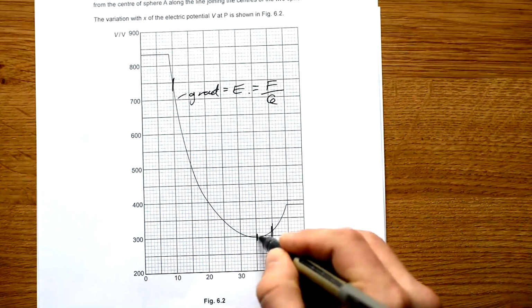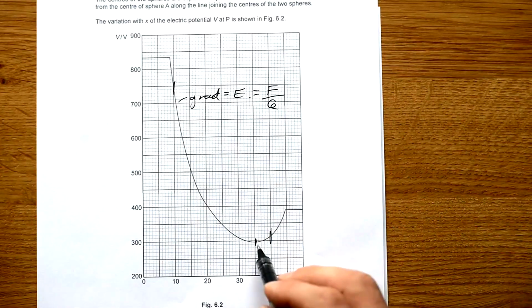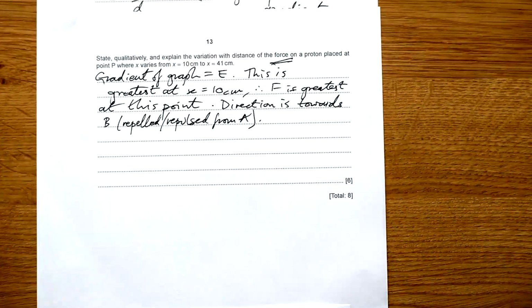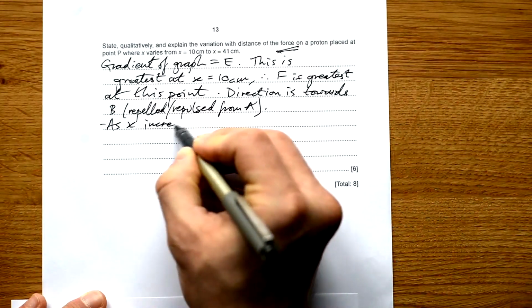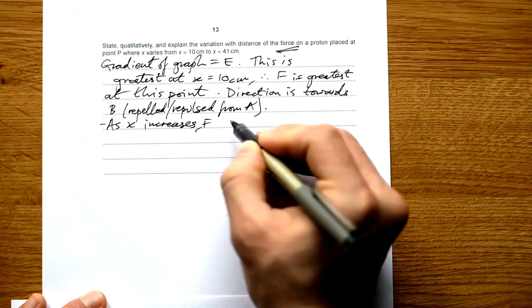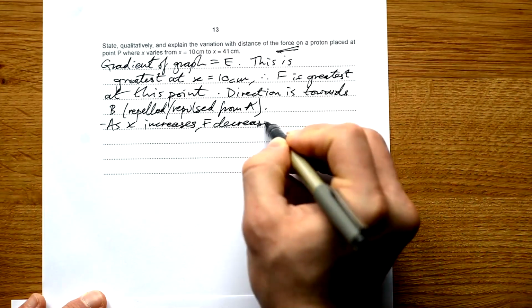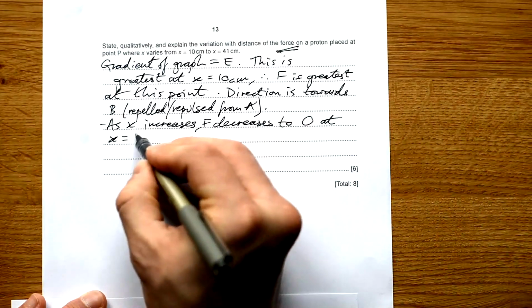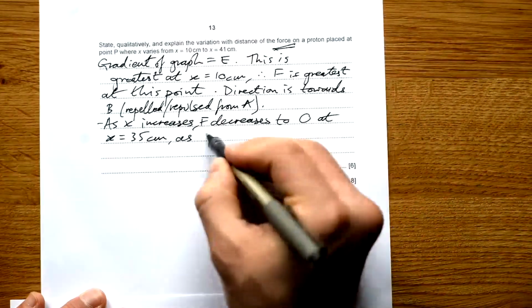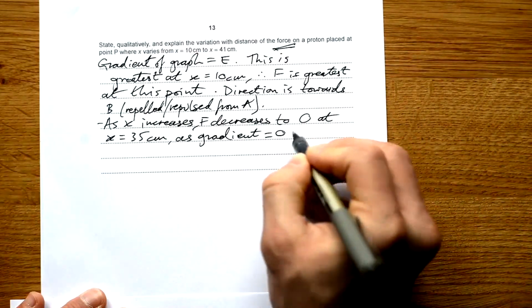What next? What happens as the distance increases? We can see that the gradient decreases to 0 at 35 centimeters. So as x increases, force decreases to 0 at x equals 35 centimeters as gradient equals 0.